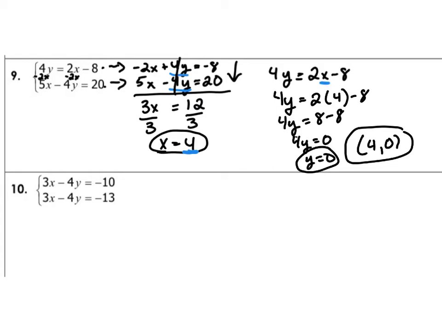Actually, I'm going to have you skip number 10 and 11. So we'll skip 10 and 11, and I'll have you try the rest that we did not do. I think we skipped number 2, so try 2.